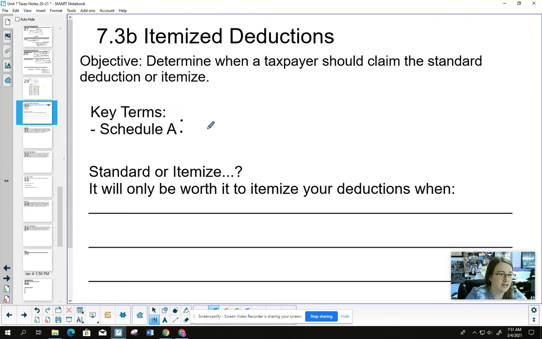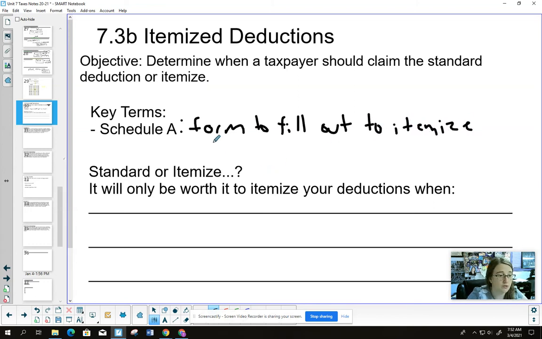So Schedule A is the form you fill out. There's lots of different forms you can fill out to do your taxes, or forms you can receive as well, in order to itemize your deductions. So the Schedule A lists all the possible itemized deductions you can have.